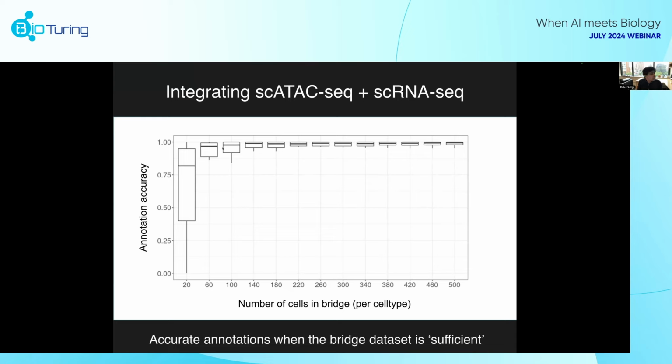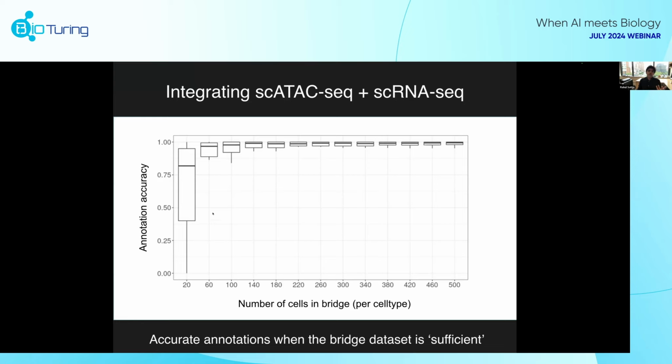But in general, once your bridge data set has about 50 to 60 cells from each type in your reference, you can get very high levels of mapping accuracy, and you start to saturate pretty quickly after that. Even if you have 20 cells or less, you still can get high accuracy. And in the example of the ASDC, we only had 4 ASDC in our bridge data set, and we were still able to do the mapping accurately. But we start to see failure modes in this regime as well.